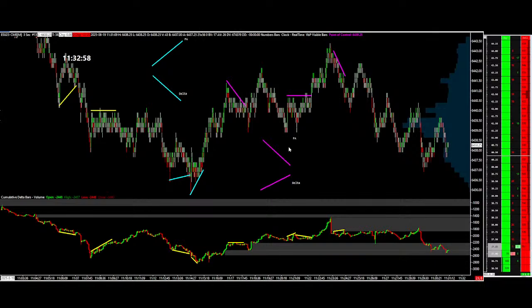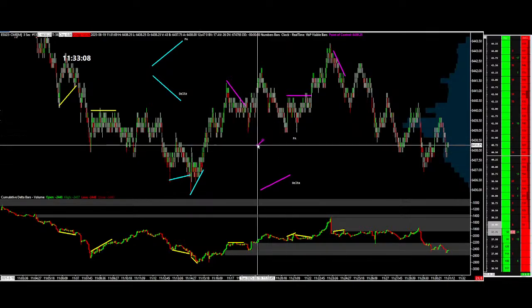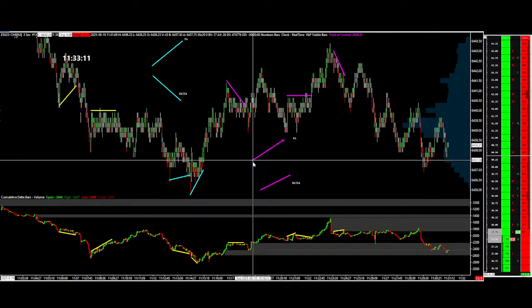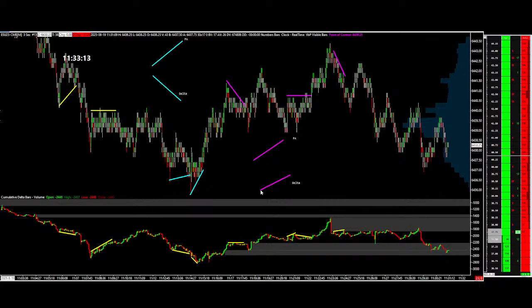These two divergences are what you're usually going to look for. So now let's do this. Draw your pink lines like the blue lines are. Just pivot them. Pivot that up and make it look like the blue ones. So price action is going up, but delta is going down.